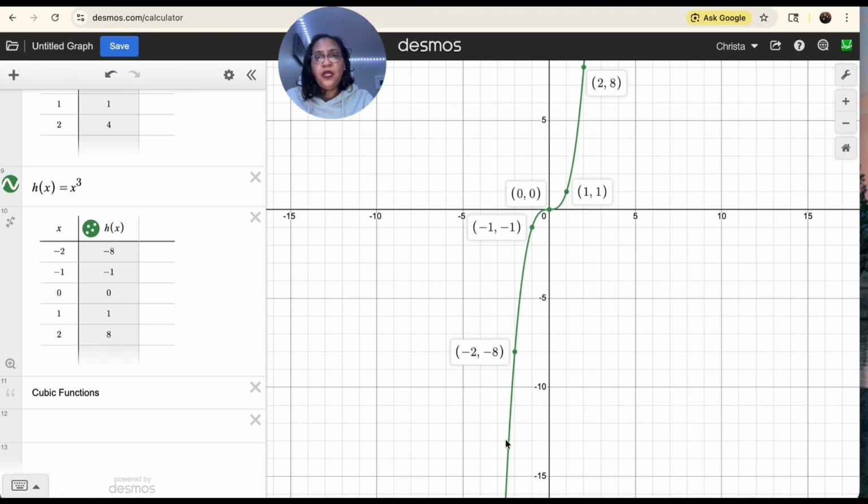So what is happening? I'm moving up from left to right, and then it starts to curve a little bit, and I go through the origin, and then I curve some more, and then I shoot up really fast. Okay, if you can describe this kind of function, if you can describe x squared, you can do calculus.